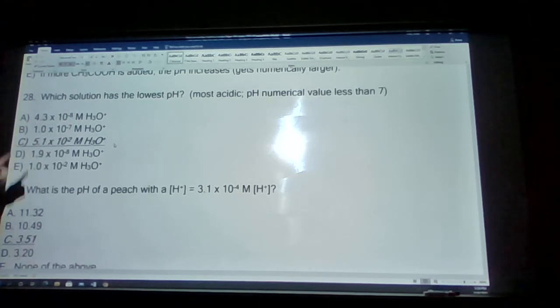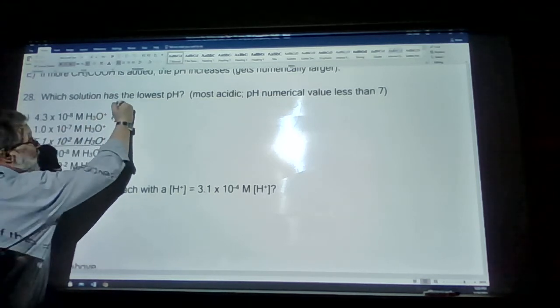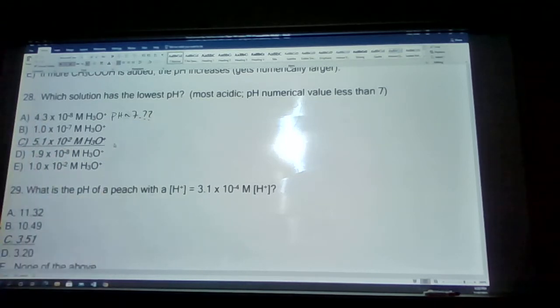So this is a pH of about 7 point something.